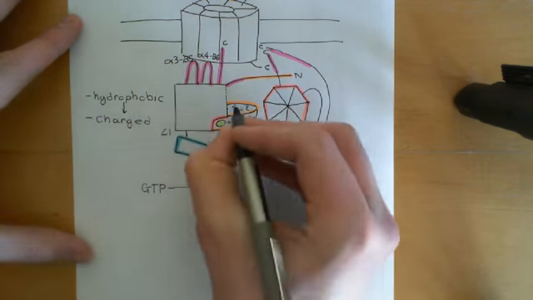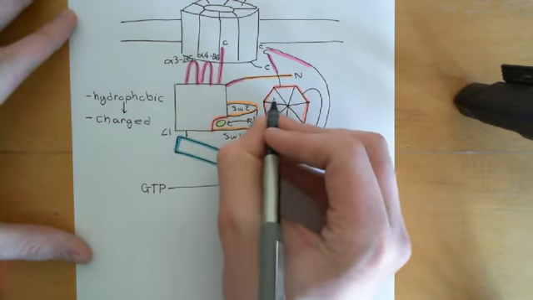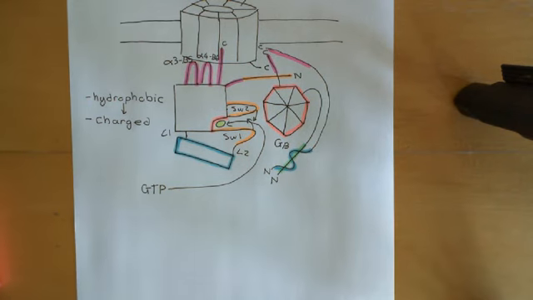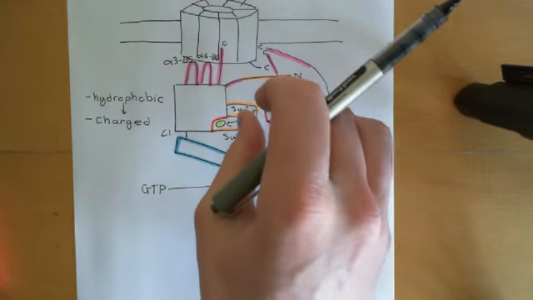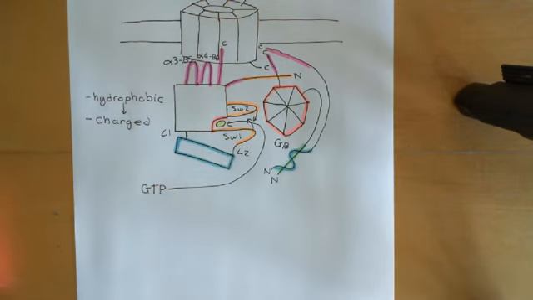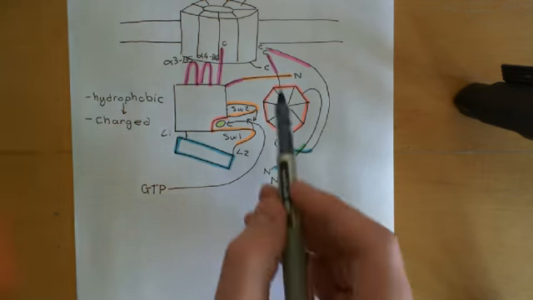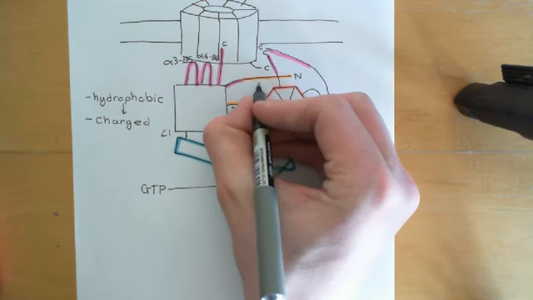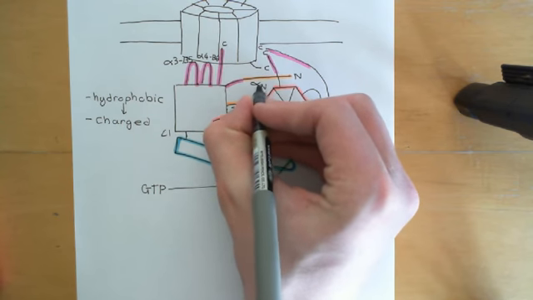So you get loads of charged residues now facing the G beta subunit, and obviously charged and hydrophobic are completely opposite. So now the beta subunit loses that really important interaction between itself and the alpha subunit. And you might say, but it's still got the alpha N helix here, but the alpha N helix interaction is really weak.